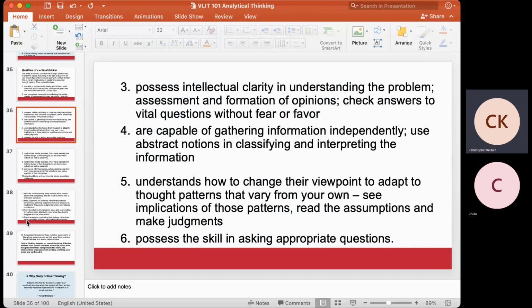Critical thinkers are also capable of gathering information independently. So it is not what people tell them. There are some people, when they are gathering information, they are waiting for an informant to come and tell them something. As a critical thinker, even if you have been given information or other people have given you a clue, you don't need to depend on that clue and then form an opinion or make a judgment.